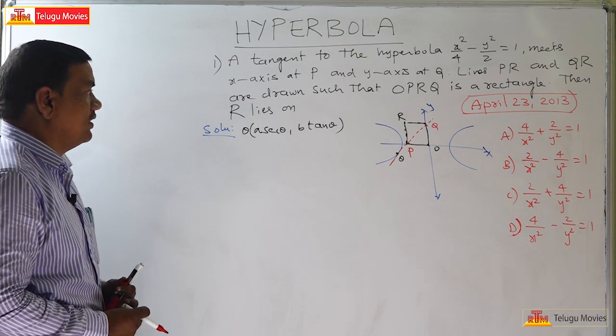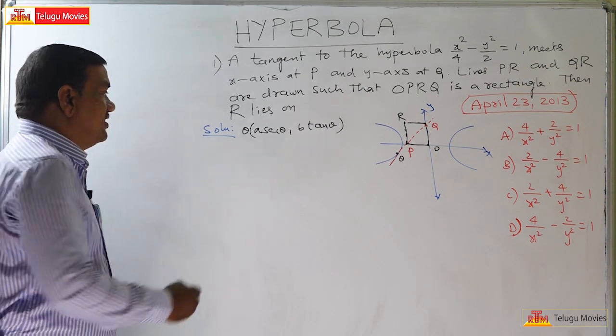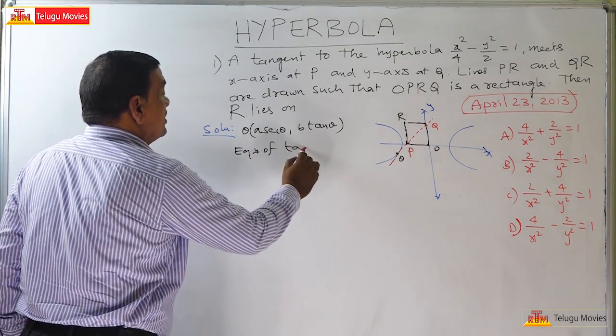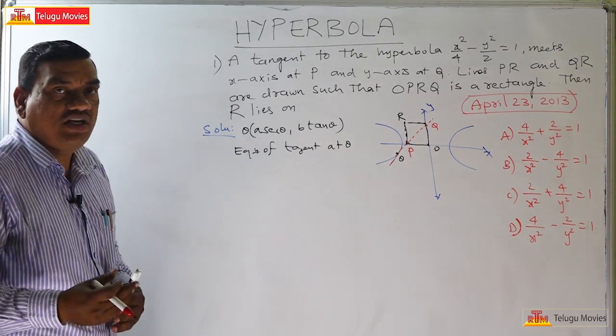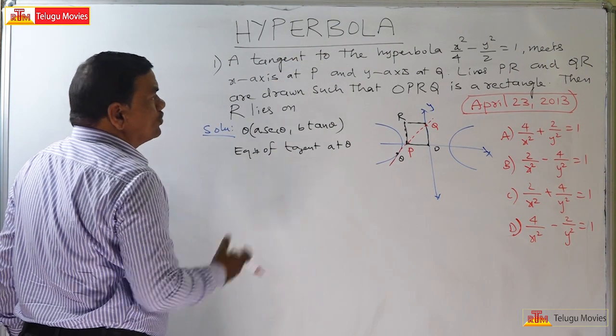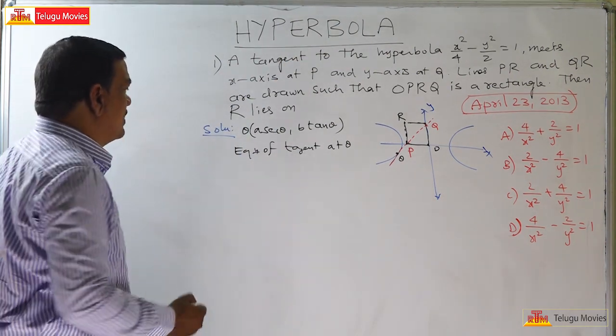Now let us find the equation of the tangent at theta. We know the equation of the tangent at theta, and we can substitute the a and b values here.